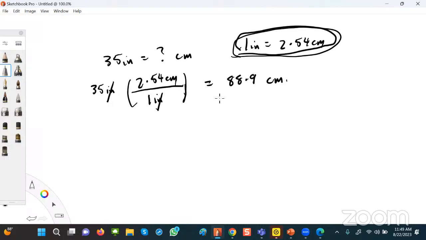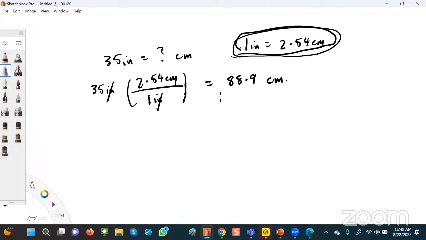centimeters. However, what we learned earlier in terms of rounding off will come into play now. In this case, what we have here is a defined relationship. So this here is exact and therefore has an infinite number of sig figs.